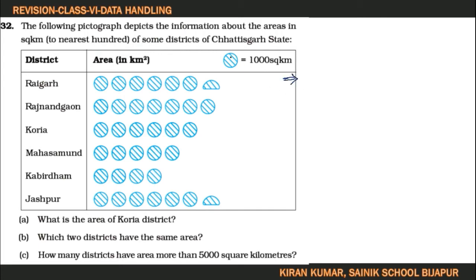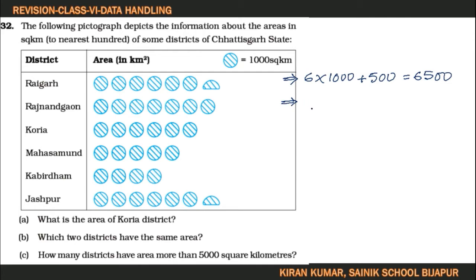Here one complete circle indicates 1000 square meter. Here there are 6 such full and 1 is half, so 6 times 1000 plus 500 will be the area with respect to Raigad, which is 6500.